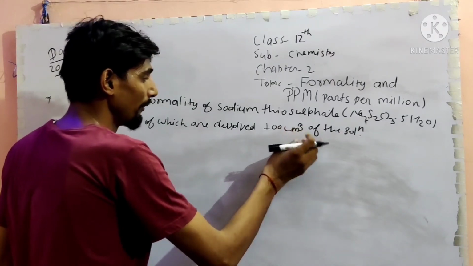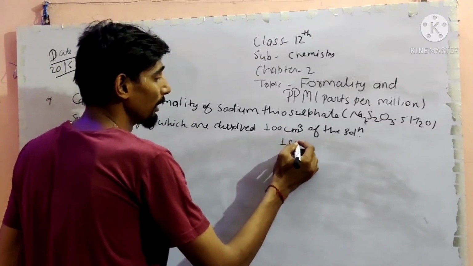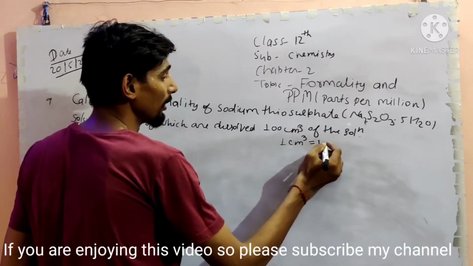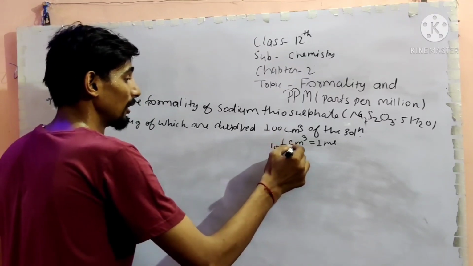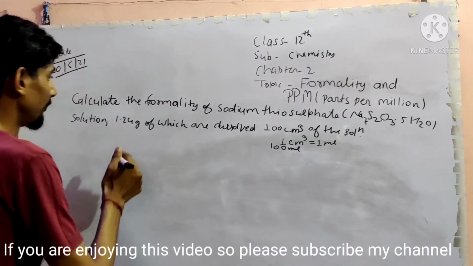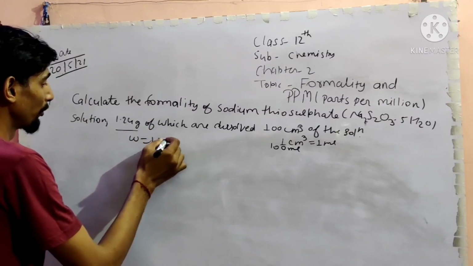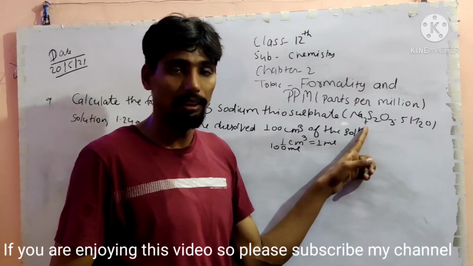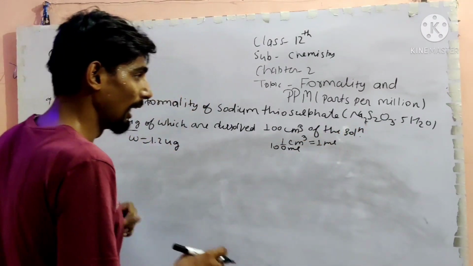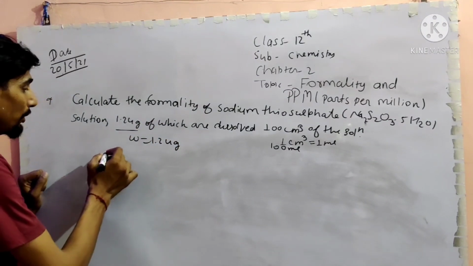First of all, you have to know that centimeter cube equals ml, so 1 cm cube equals 1 ml. So this is 100 ml, and given mass W equals 1.24 gram. We have to calculate the formula unit mass of this, because this is an ionic compound.